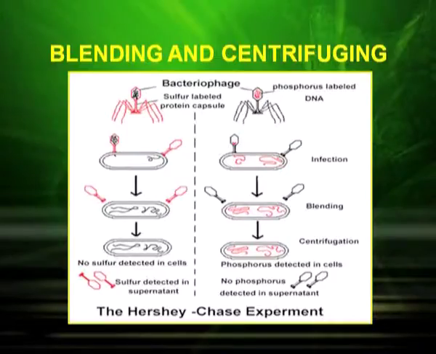On the other hand, they found S35 radioactivity in the supernatant. So, the following diagram clearly shows the two experiments performed in parallel, in which they used P32 in one and S35 in the other. The supernatant shows S35. On the other hand, the pellet shows P32.